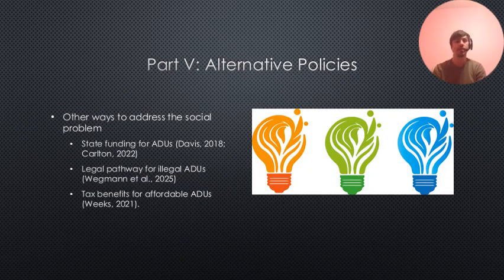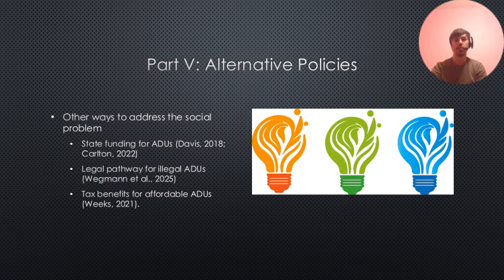Alternative policies include actions and tools to support ADUs that go beyond reforming land use regulations and specifically address affordability concerns. Examples of alternative policy approaches include financing, affordable ADU rental and ownership strategies, broader legalization, and collaboration between the public and private sectors for ADUs.